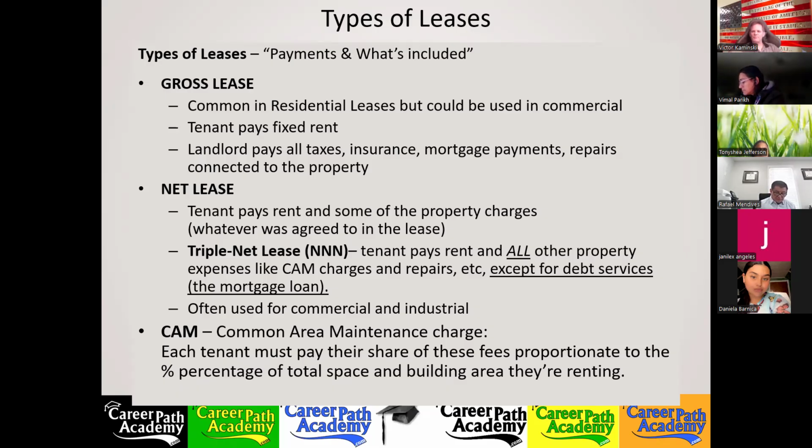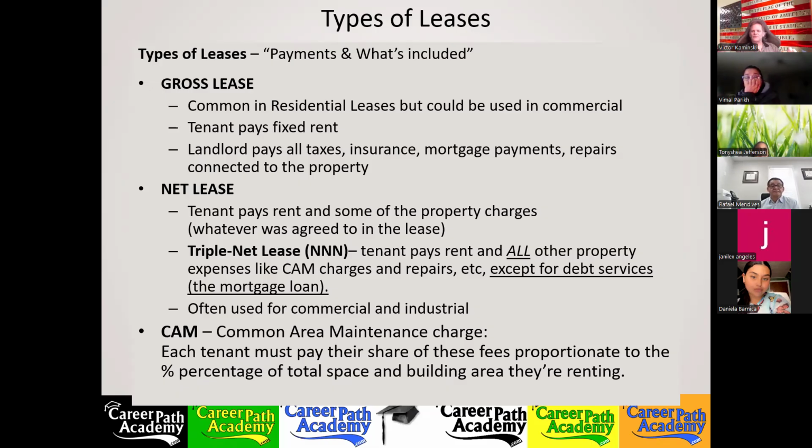So if there's a building with many rental units, depending on the size of your rental unit, there'll be a total square footage. For instance, let me give you my example. My school is 2,000 square feet. I am renting 5% of the total area of the building that I'm in.